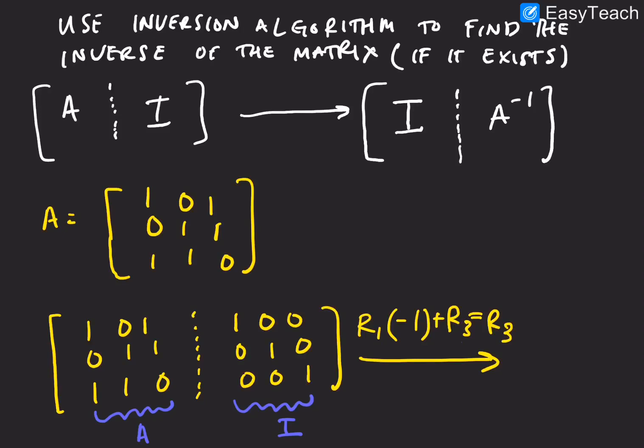And remember, you always want to start with one column. So you want to make this a 1, this a 0, and below that a 0. Work column by column, and you'll get the left side to look like the identity matrix in no time.